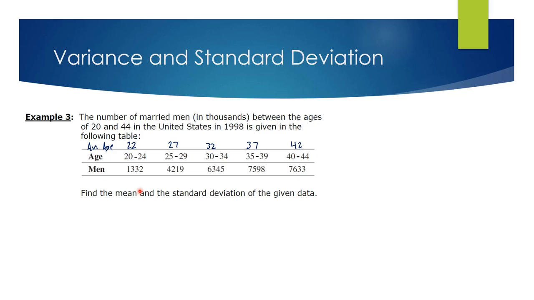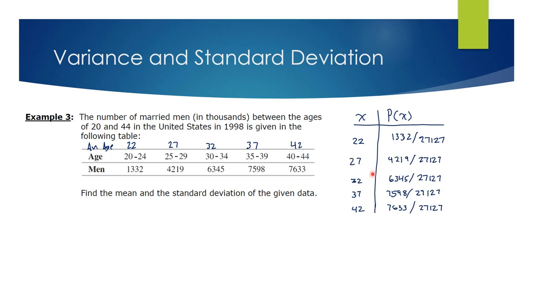And of course, what I need to do is total up the number of men in this data, which ends up being 27,127. When I set up my table here, I'm going to have my 5 x values that I got by averaging the minimum and maximum of each range.